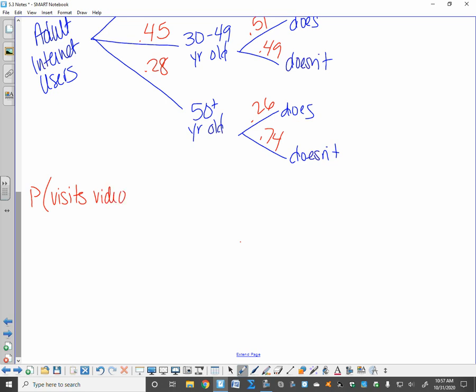Probability that a person visits video sharing sites. It's going to be 0.27 times 0.70.